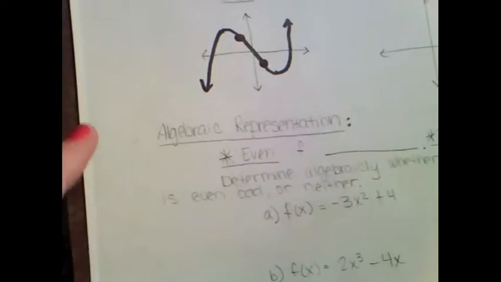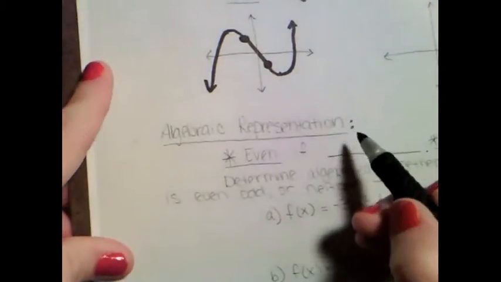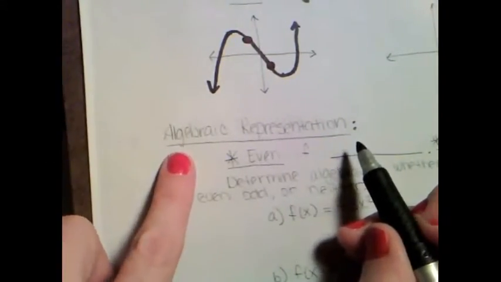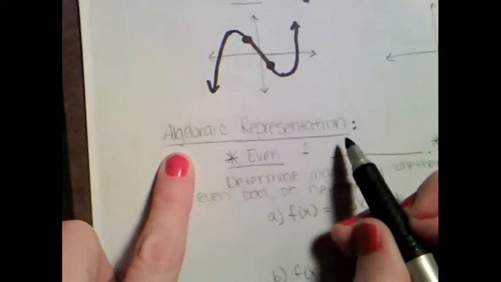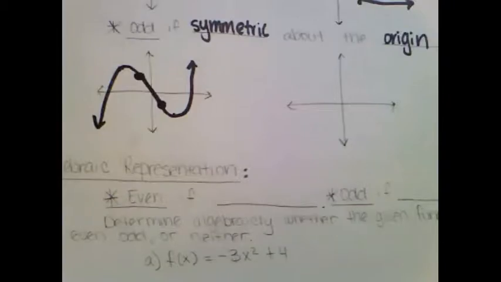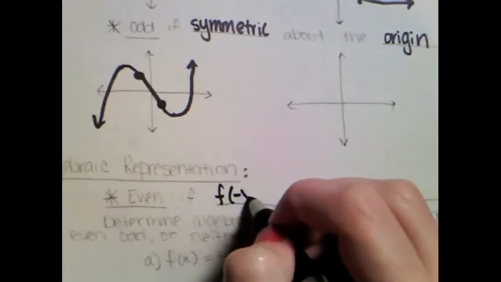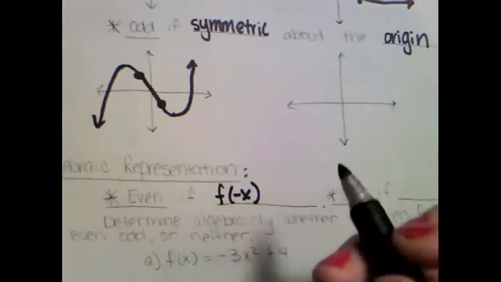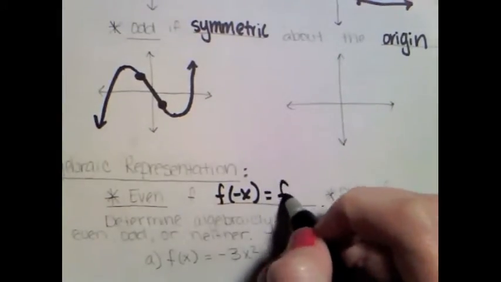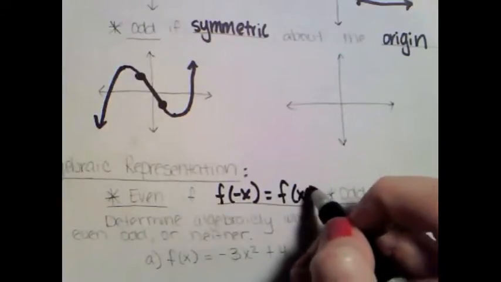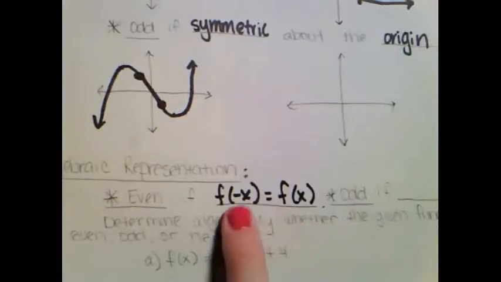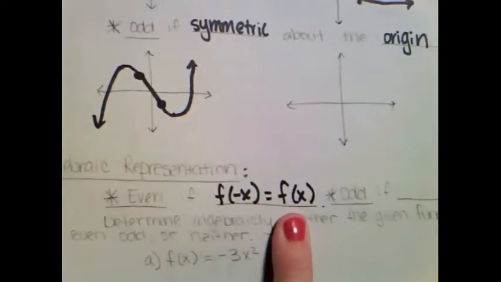Let's move on because I want you to know of another way that you can test to see if functions are even or odd, and that is using an algebraic expression. A function is even if you can take your function and plug a negative x in for your x values, and be left with the same function that you started with. Now, I will show you an example of this relationship.